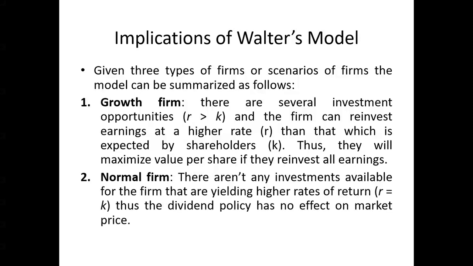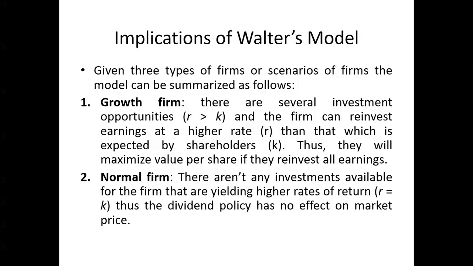Hence, for growth firms the optimum payout ratio is zero. It means they are not going to pay any amount to the shareholders, because the internal rate of return is always higher than the cost of capital. The shareholder investing within the firm will get more return than if he invests outside the firm.